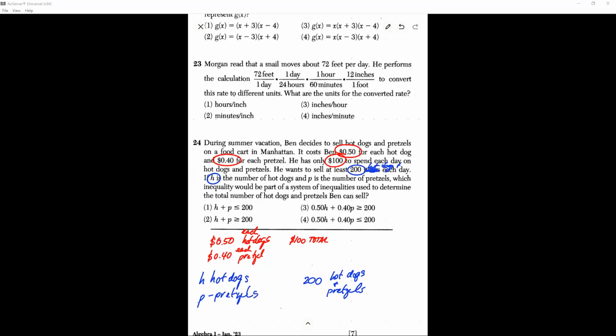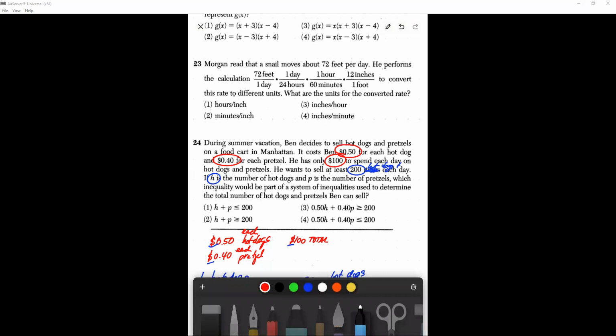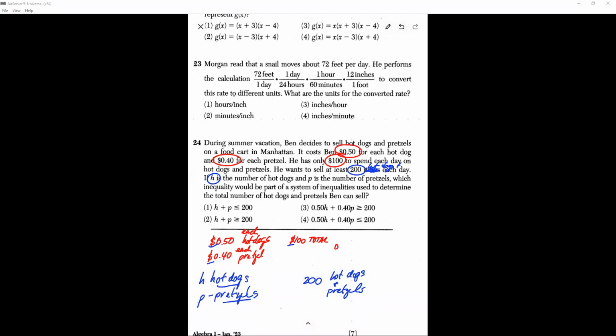Now, here's the way I like to break down word problems. You always want to pay attention to the units because the units are telling you what needs to go together. So here are my two inequalities. I'm going to start with the first one. I know that I'm going to be selling 50 cents per hot dog.